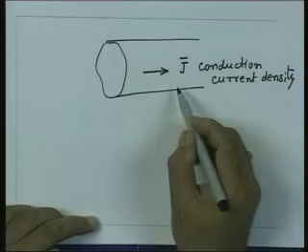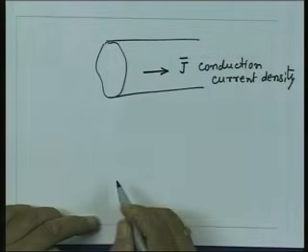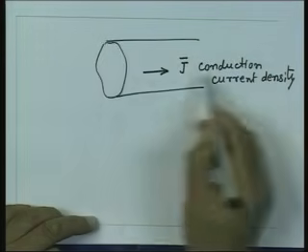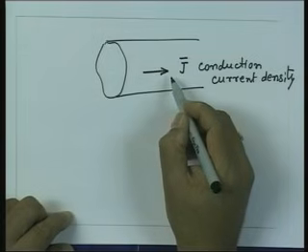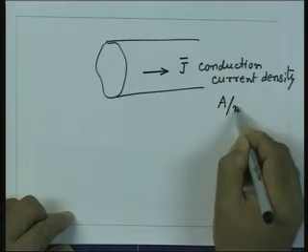It is the current flowing per unit area of this conductor. Since it has a direction in which the current is flowing, this is a vector quantity. The unit of this is amperes per meter square.